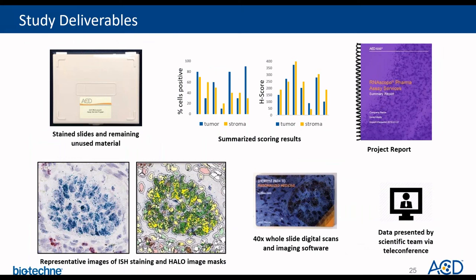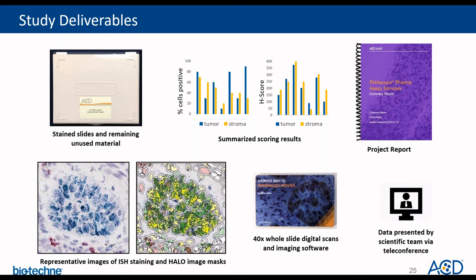The Pharma Assay Services Group is here to provide you with data and to perform any of the RNAscope assays for you. The PAS group has profound expertise with over 15,000 slides delivered per year, access to 14 automated staining systems from Leica and Ventana, digital slide scanners for both bright field and fluorescence images, HALO software for quantitative image analysis, board-certified pathologists on staff, and a tissue bank with qualified human normal and tumor tissues available for immediate screening.